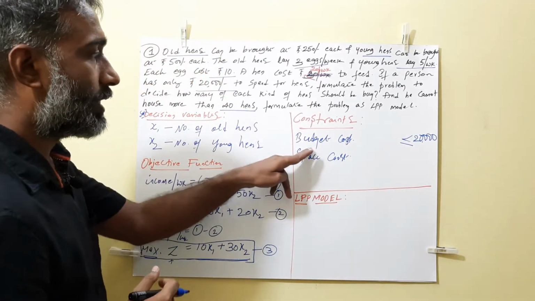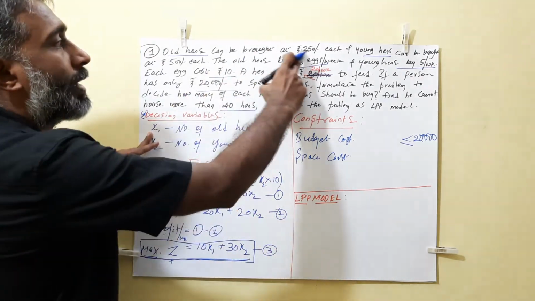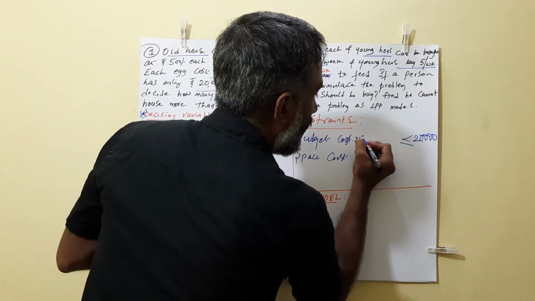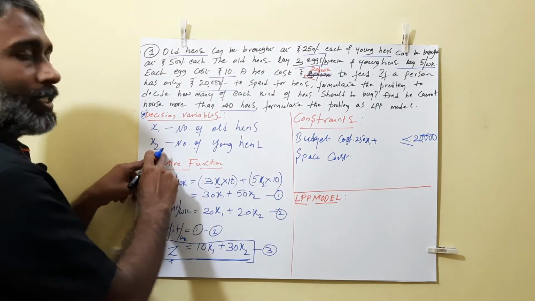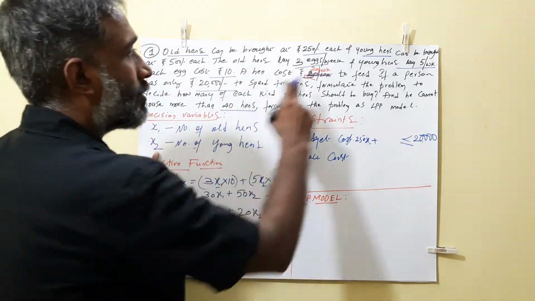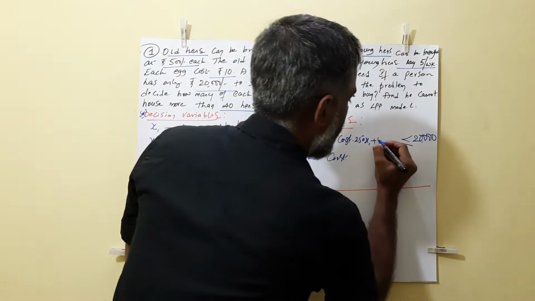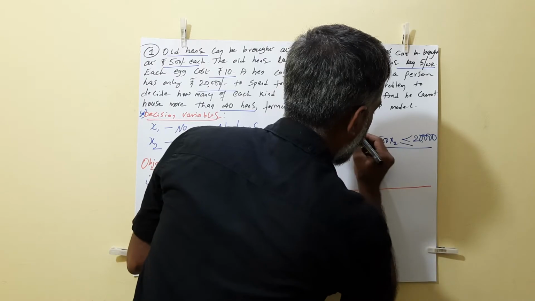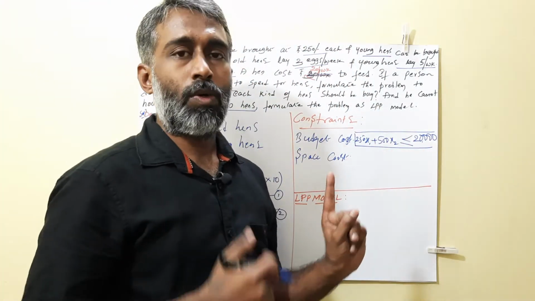So coming to the budgetary constraint, how can we write it? The number of old hens multiplied by the cost of each old hen, that is 250x1, plus x2 represents the number of young hens multiplied by the cost of each young hen, that is 500x2. So 250x1 plus 500x2 must be less than or equal to 20,000.